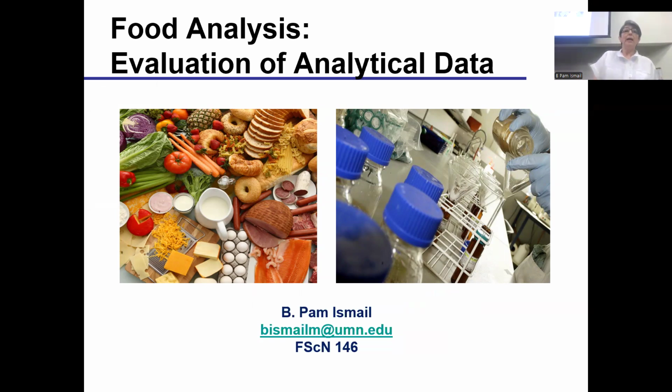So we will be analyzing data throughout the semester in all of the coming labs. So every lab, you will be generating data, simple or complex, and you will be analyzing this data, summarizing it, putting it in tables or figures, doing multiple replication, calculating the mean, determining standard deviation, calculating coefficient of variation, and so on.